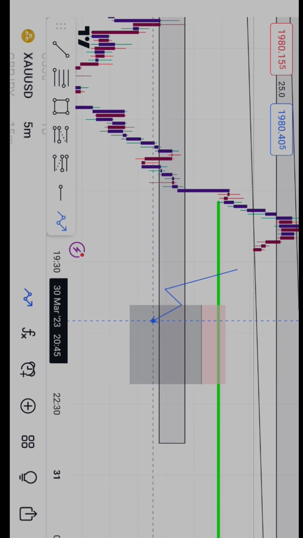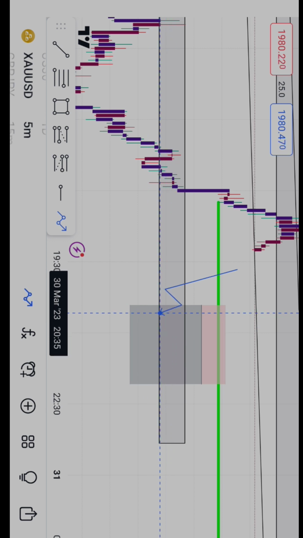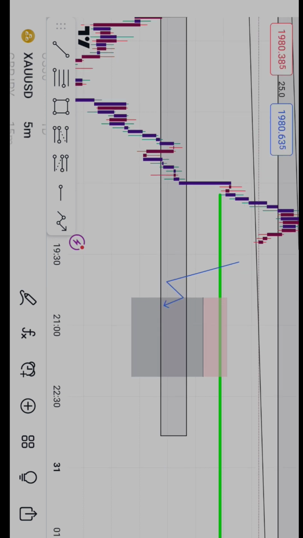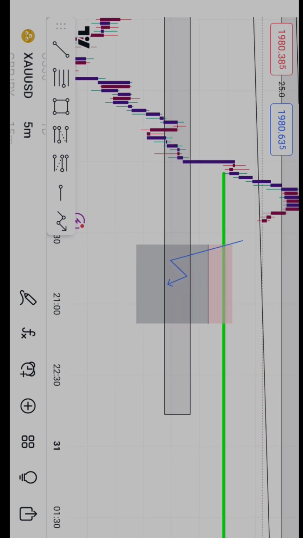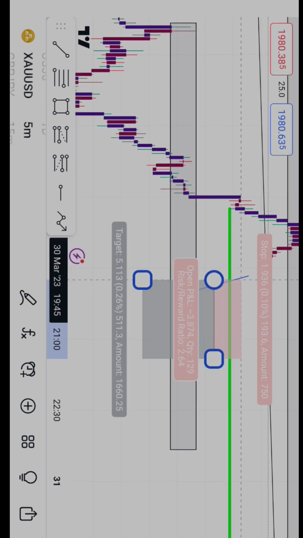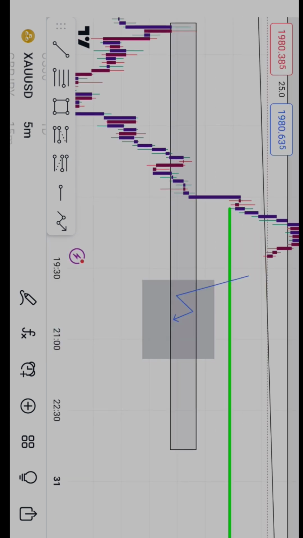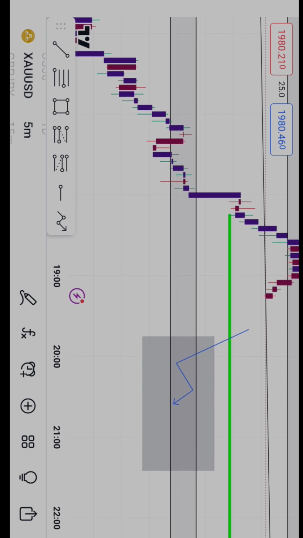After I've entered, if price were to move in my favor, I would move my stops to break even, just to be on the safe side.